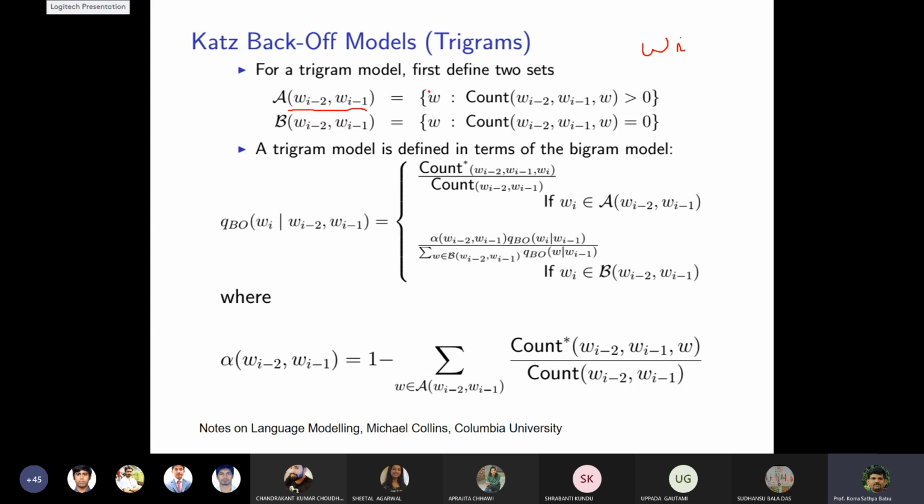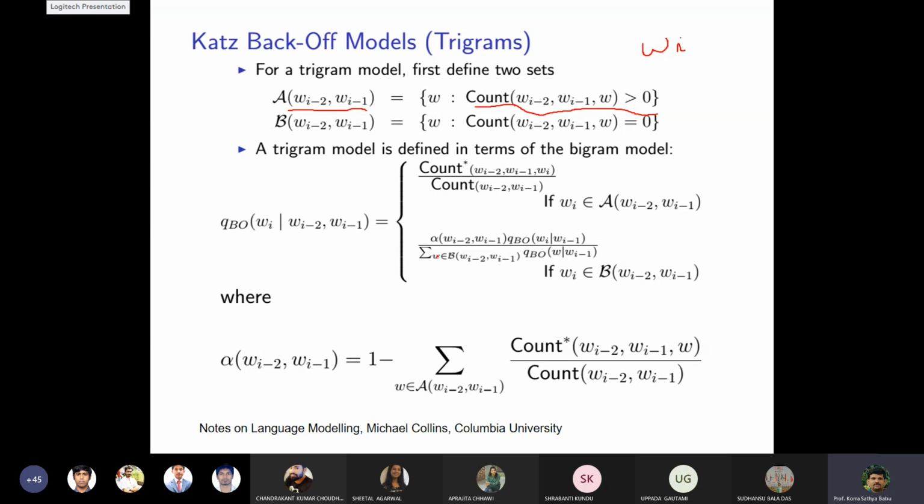So this way you find out whether this occurs. You give a set with wi minus 2 followed by wi minus 1 followed by wi, with existence greater than 0 and existence equal to 0.